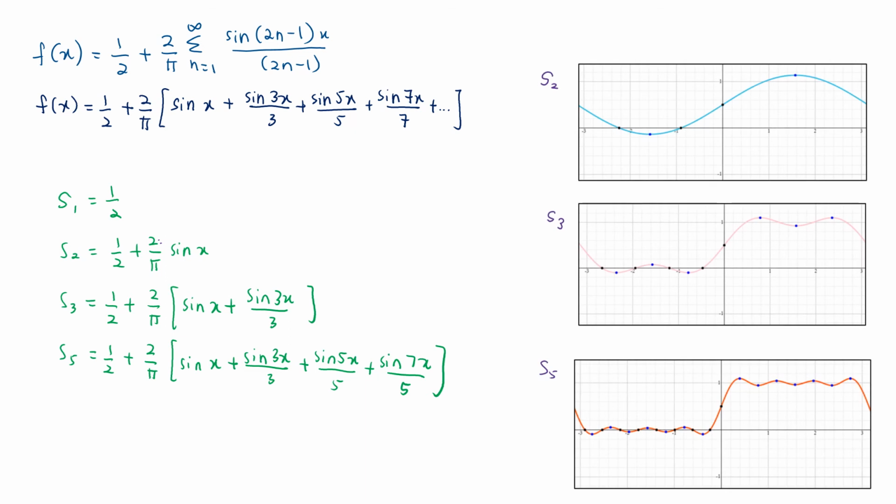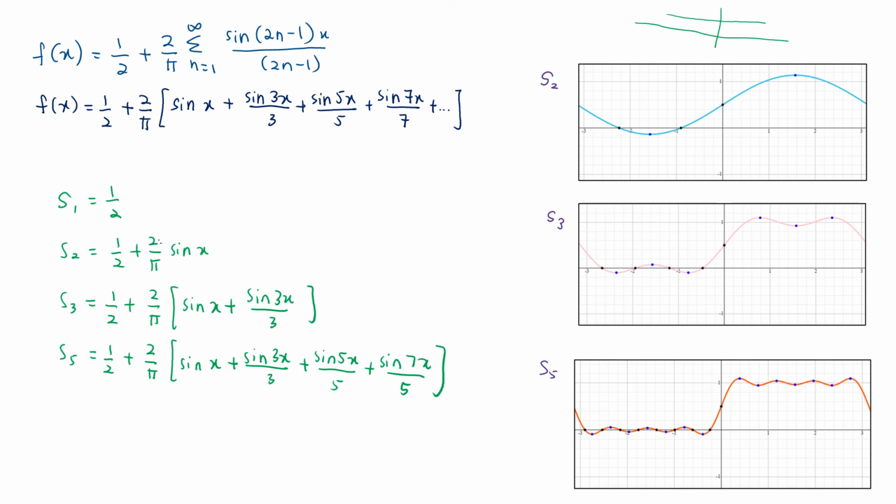So this partial sum, if you represent it as a graph, for S1, this will be a straight line where the line is at equal to half. And when we increase the number of terms, finally we get the shape of this function.